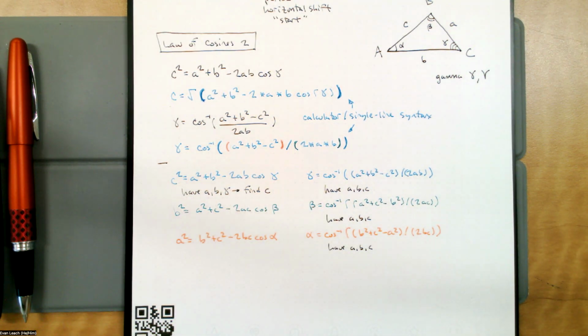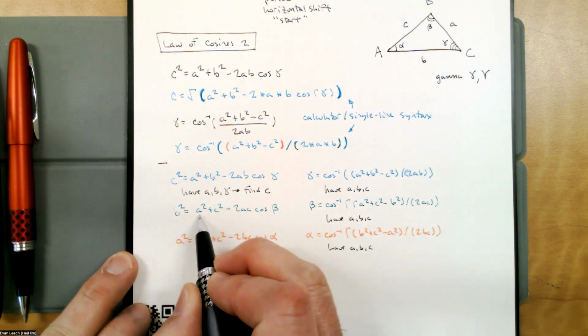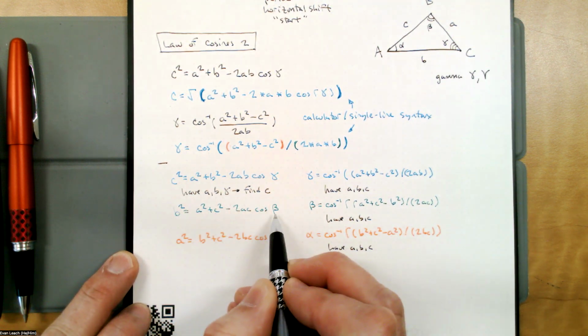Two sides, A and B, and the included angle, gamma, the one that isn't opposite the two given sides. Notice that in b squared is equal to a squared plus c squared minus 2ac cosine of beta, this is when we are given A and C and the angle beta.